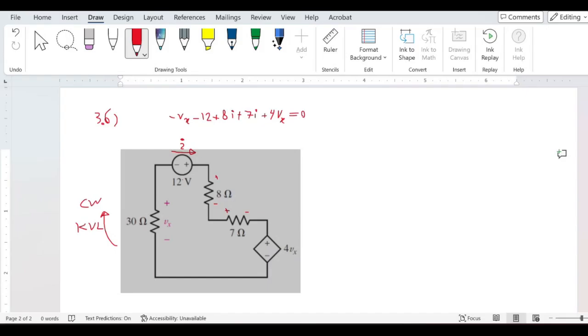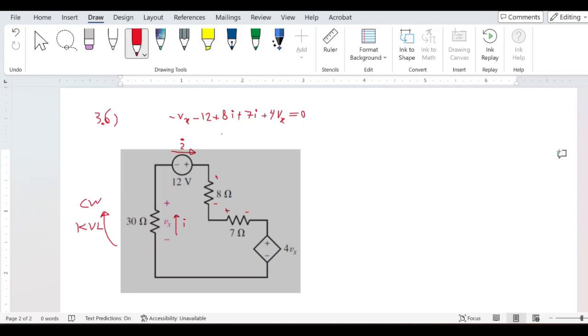Now, if we take a look at the 30 ohm, we can write down Ohm's law to relate the voltage and current. But one thing that you guys have to pay attention to is that the current goes from low to high, right? If you're going in a clockwise direction, the current would be from low to high, and this is not consistent with the voltage sign here.